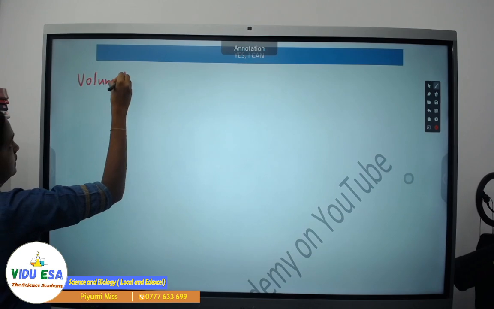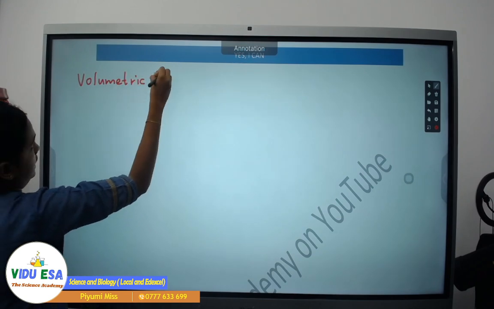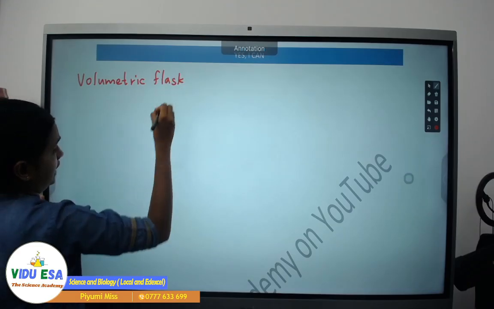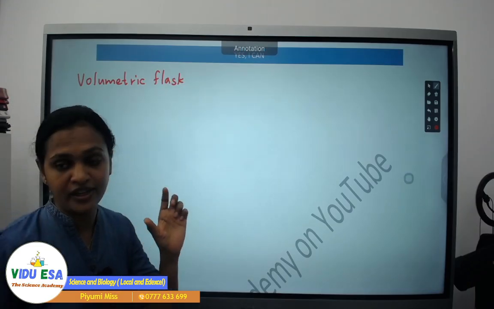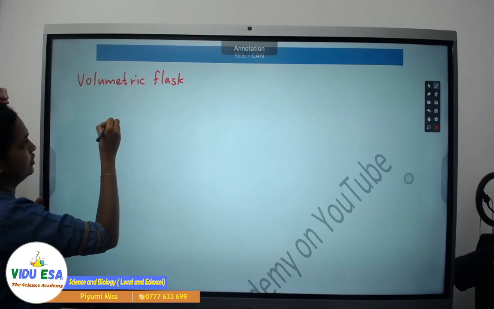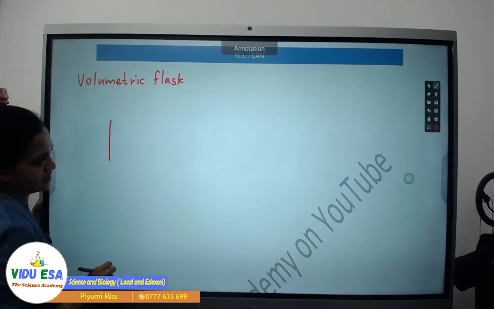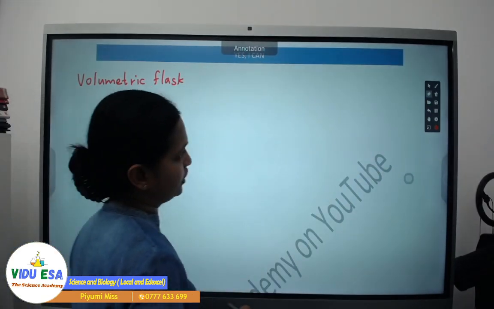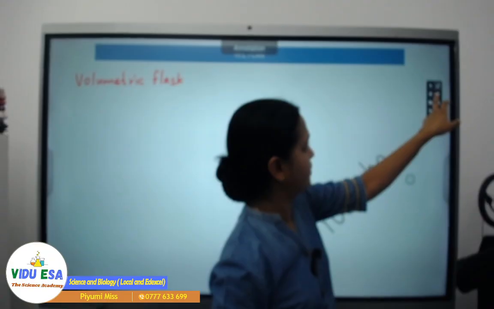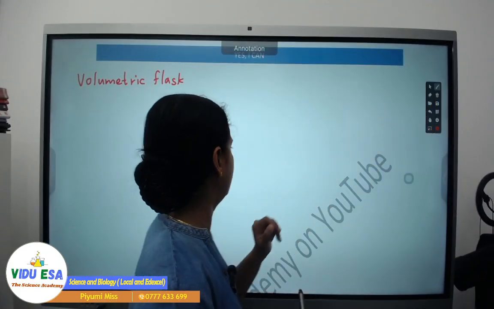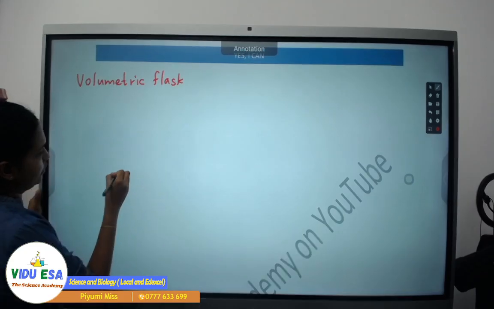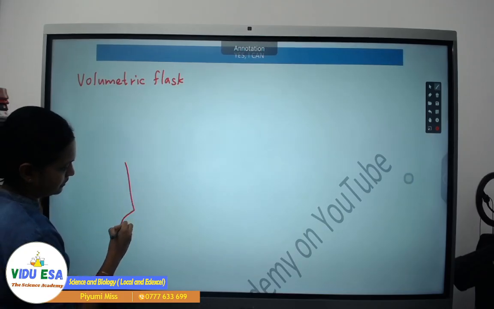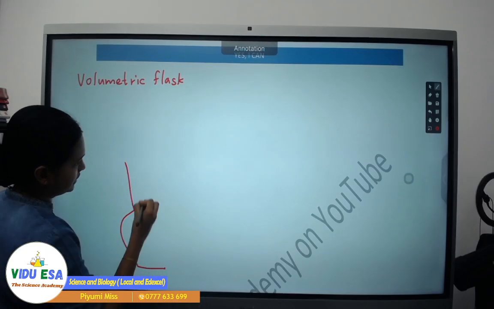Here we have to select a 250 cubic centimeter volumetric flask, since we are supposed to prepare a solution of 250 cubic centimeters. Therefore, we have to select a volumetric flask of 250 cubic centimeters. A volumetric flask is something like this.